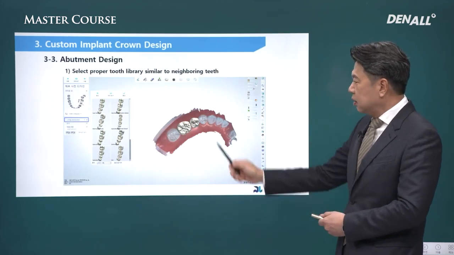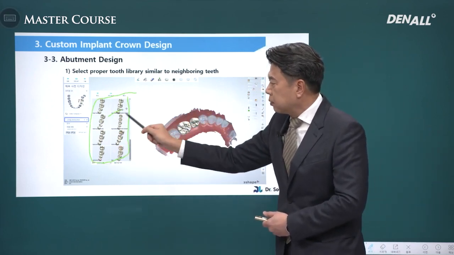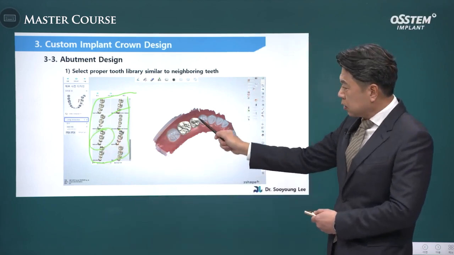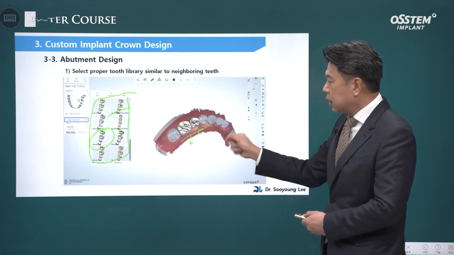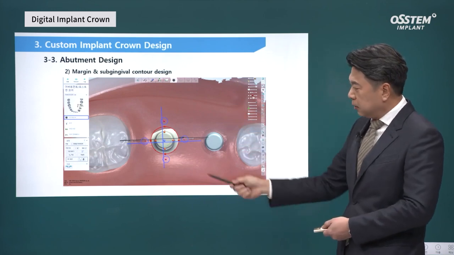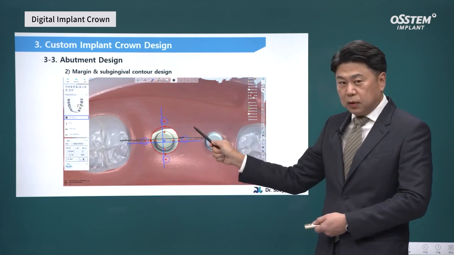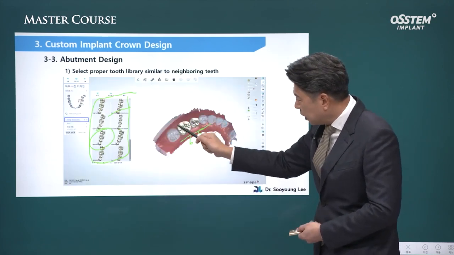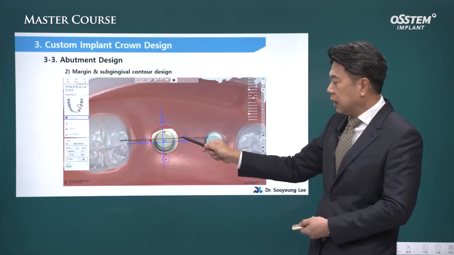Abutment design is done in a general way. If you select this design teeth library, the crowns automatically appear at numbers 5 and 6. Based on the automatically suggested data, we can adjust the form. As the abutments are designed together, abutments also appear. Over it, the crown information set before is available. Inside, the abutment is designed first, so basically this appears.